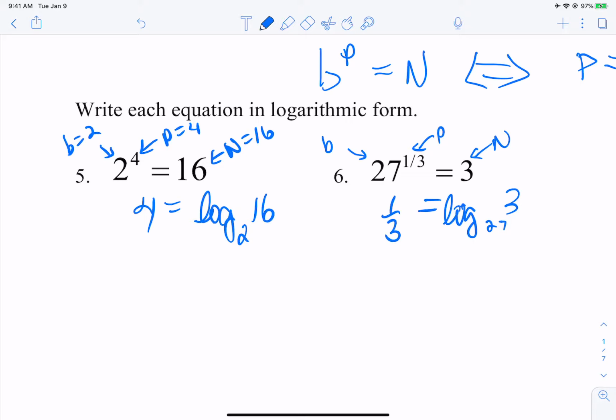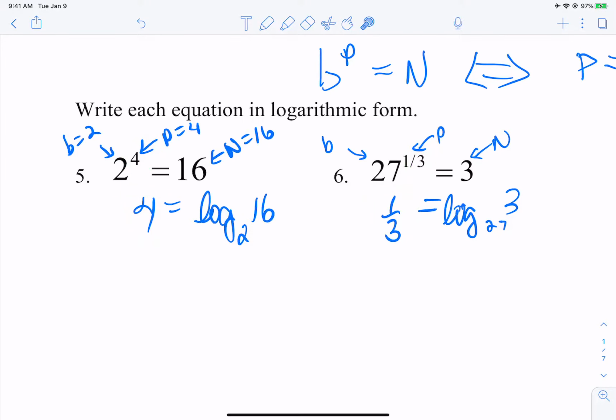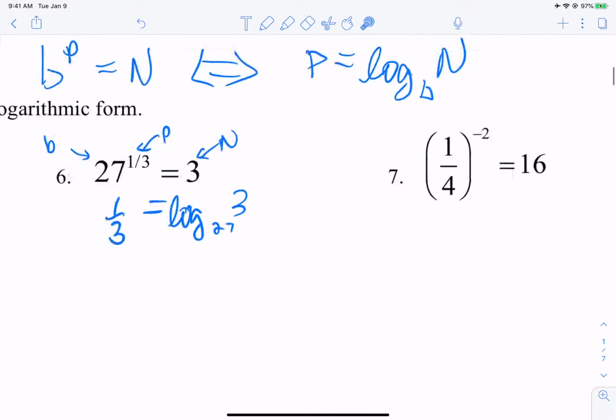Well, that means if I have a base of 27 and I put a power of 1/3 on it, I am going to get an answer of 3. And so remember, the answer of a logarithm is always the power that you would use to get that. The power is your answer. Let's take a look at this one.